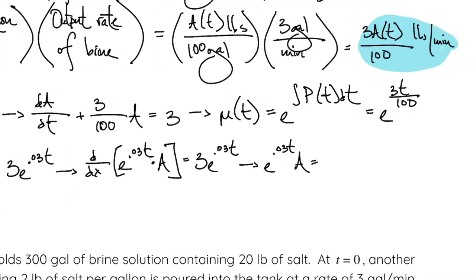I'm going to integrate the right-hand side. I'll need some u-substitution for that. And I don't want to forget my plus C. Okay, so I did not show the integration here, but make sure that you are aware of where that first term on the right-hand side came from.